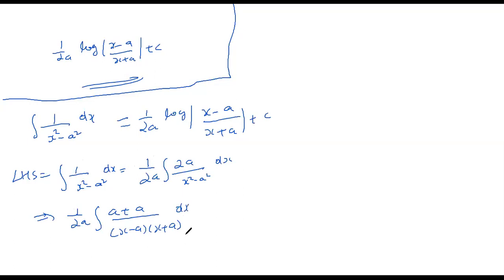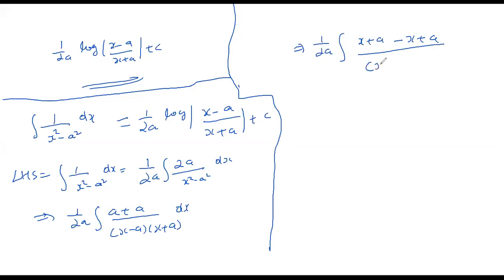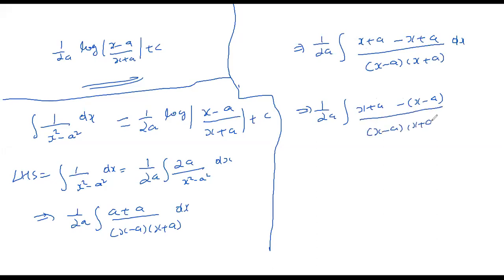Now I add and subtract x. It becomes 1 by 2a into x plus a minus x plus a, divided by x minus a into x plus a dx. Now I make separate terms, and take the minus sign common in the second term. Then it becomes x minus a divided by x minus a into x plus a dx.